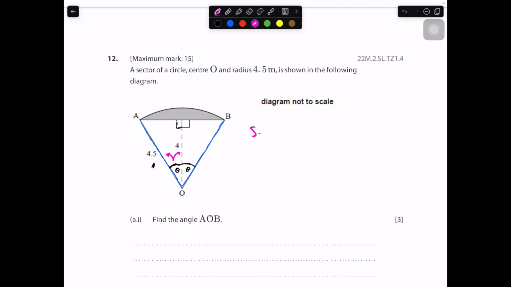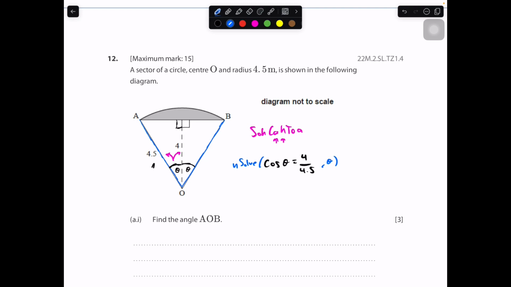So remembering SOH CAH TOA, this actually isn't given in the formula booklet, your trig ratios. But if we have an adjacent and a hypotenuse, then we're dealing with cos theta. So the adjacent is 4, and the hypotenuse is 4.5. And after that, you can solve for theta.